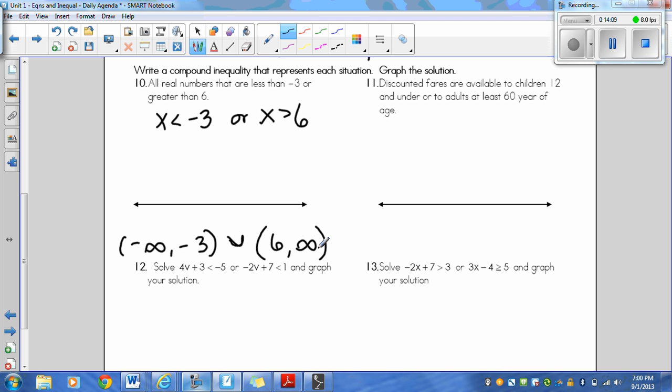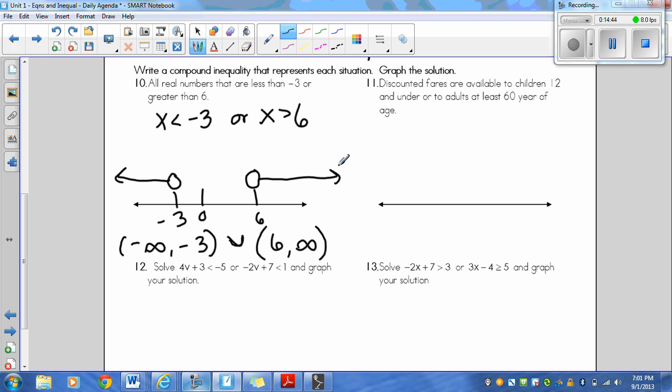And the way that that would work is you would see the negative 3, put 0 there, we'll put 6 there. Kind of try to space them out like a normal number line would look like. The distance between negative 3 and 0 is half that of 0 and 6, so I tried to space it out that way. So we have an open circle at both, and we're going down to negative infinity, and we're going up to positive infinity. So that's the graphed solution.